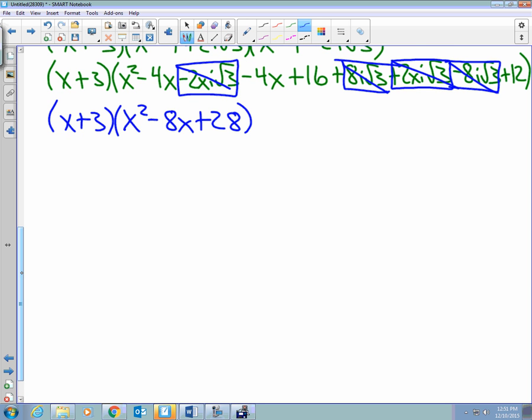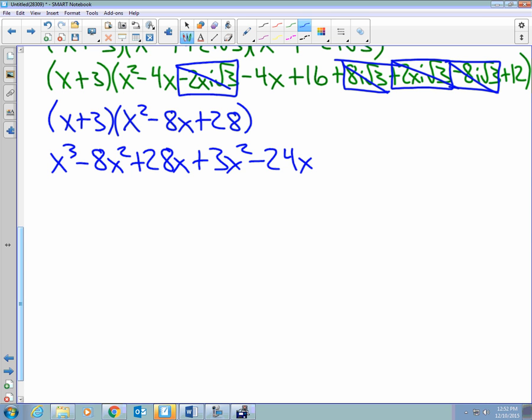And now I am home free, right? Because there's no imaginary pieces. We did a problem like that back in Algebra 1, right? Where you take a binomial times a trinomial. Let's just multiply it out and be done. x times x squared is x cubed, x times negative 8x is negative 8x squared, x times 28 is 28x, 3 times x squared is 3x squared, 3 times negative 8x is negative 24x, plus 28 times 3, 84.